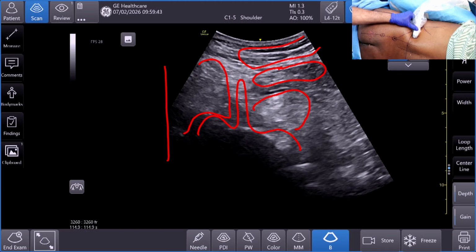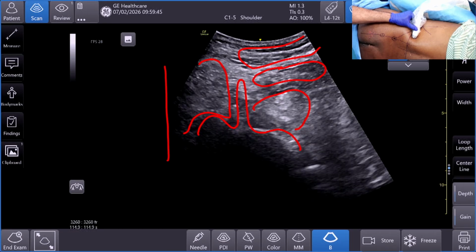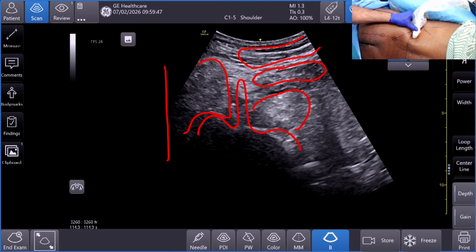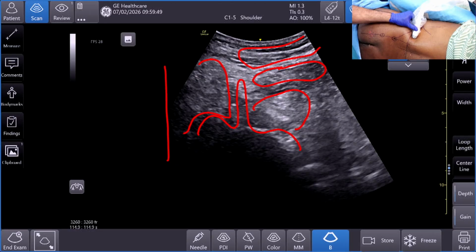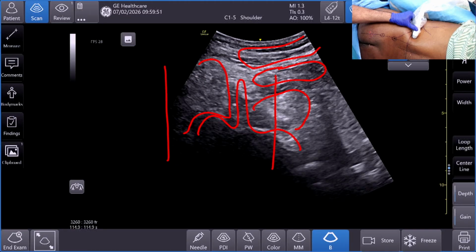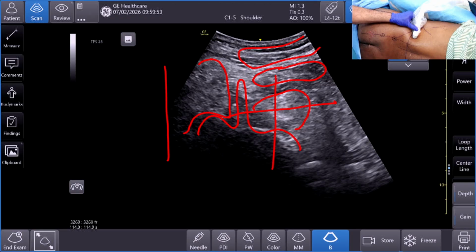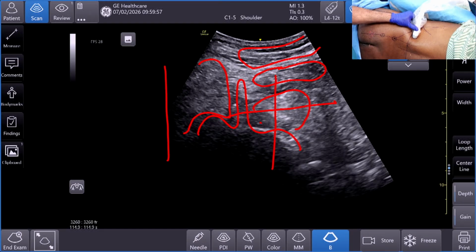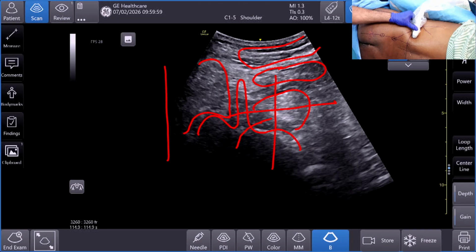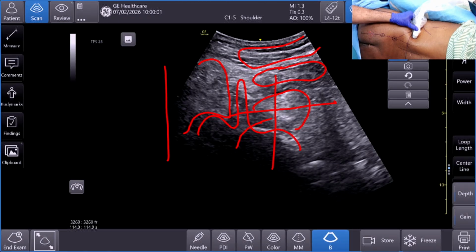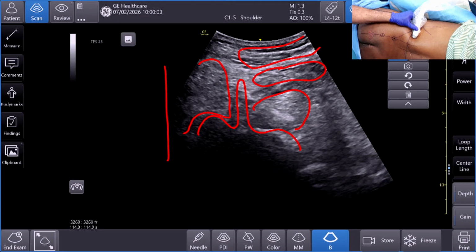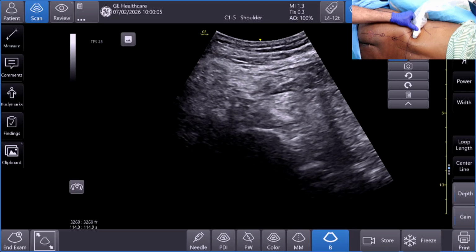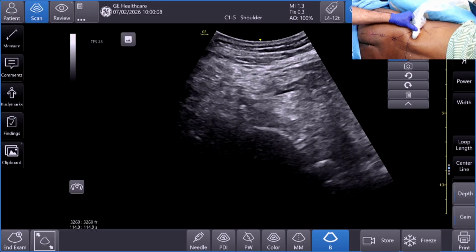So now this is the view at the transverse process. If you view at this point, somewhere in the posterior medial quadrant, if you divide the psoas major into 4 quadrants, somewhere here will be the lumbar plexus nerve, which usually emerges from the intervertebral foramen. For this, we have to go in between the transverse processes.